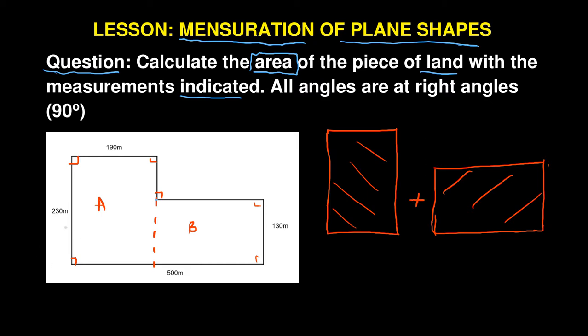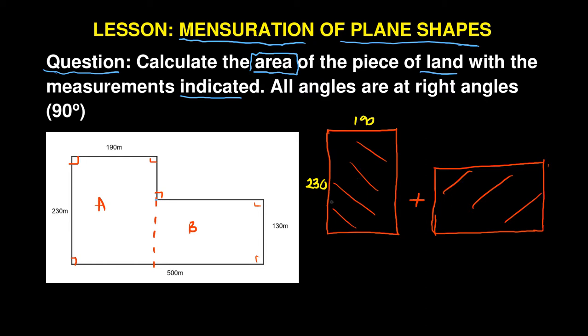So now let us look at the dimensions. Again, I'm given that this length is 230, which is not a problem, and this one is 190. So already I can find the area of this particular shape. If I write it outside to say this is 230 and this is 190, I can now find the area.